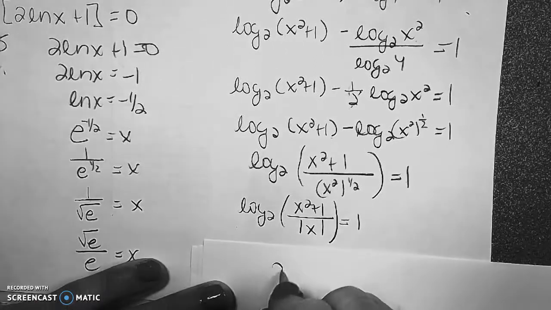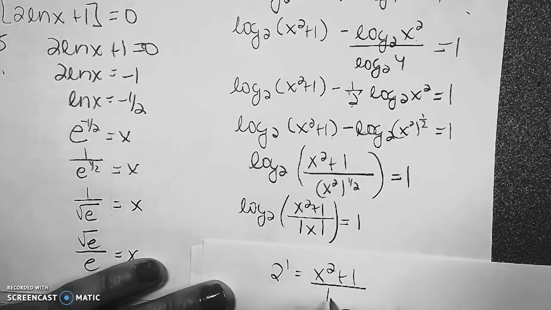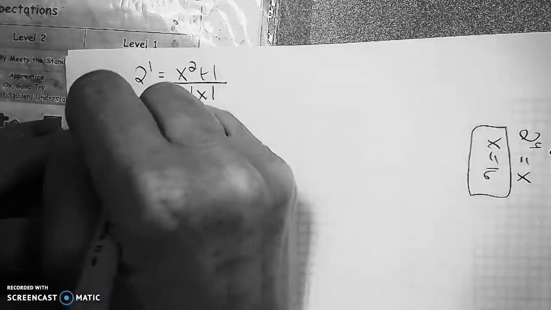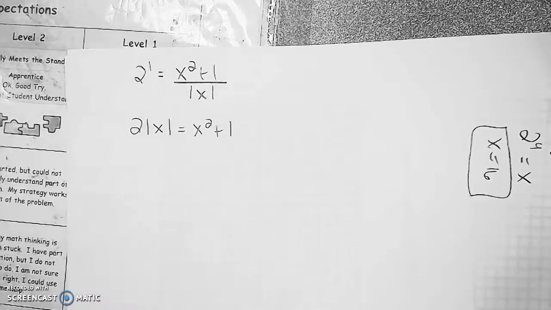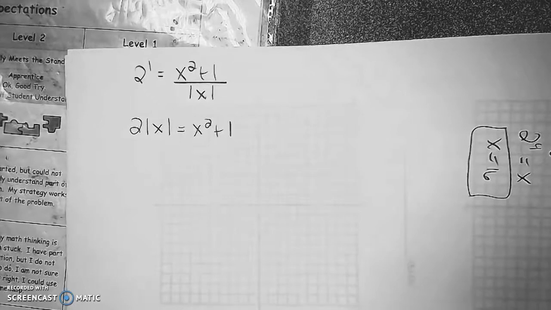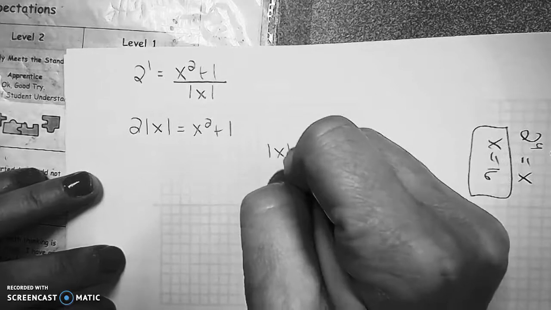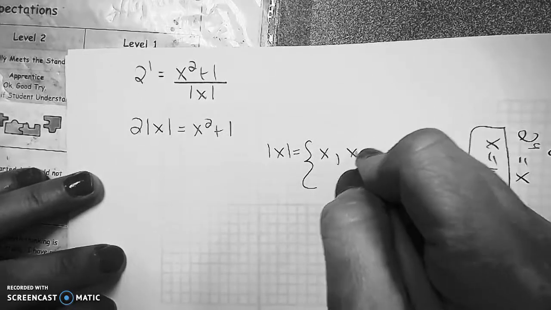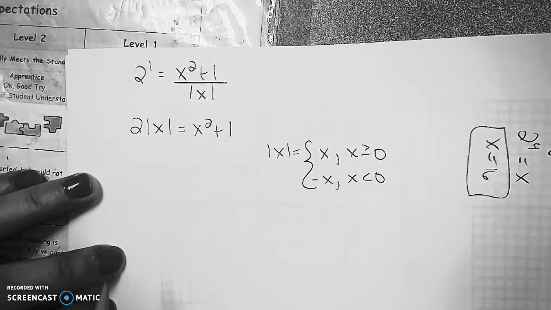So I have a base of 2. 2 to the first will equal x squared plus 1 over the absolute value of x. I'm going to multiply both sides by the absolute value of x. And since I have absolute value, I know that that ends up meaning that I will have a piecewise. And so my 2 pieces will be x if x is greater than or equal to 0, and negative x if x is less than 0.